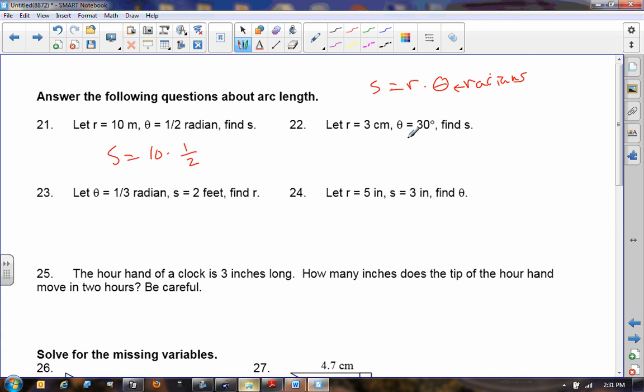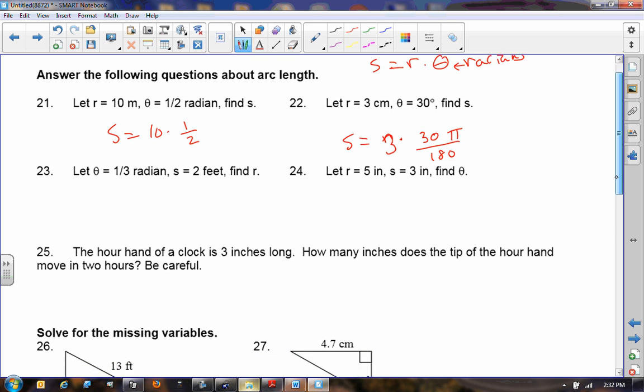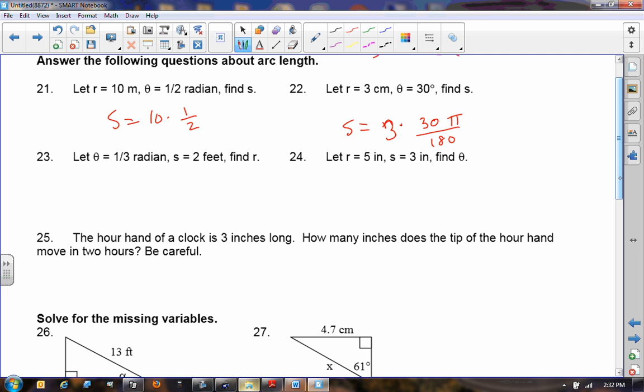This is in degrees, so I convert that to radians. S equals R times, let's convert, 30 over 180 times pi. And the radius here is 3. Theta is 1/3 radians, S is 2.